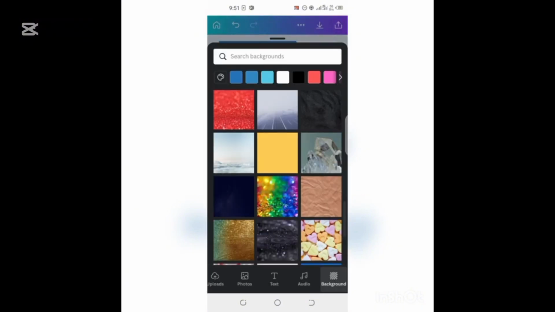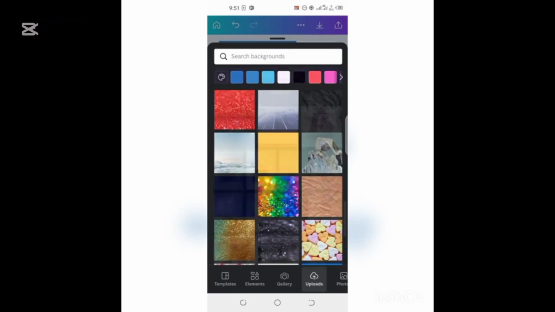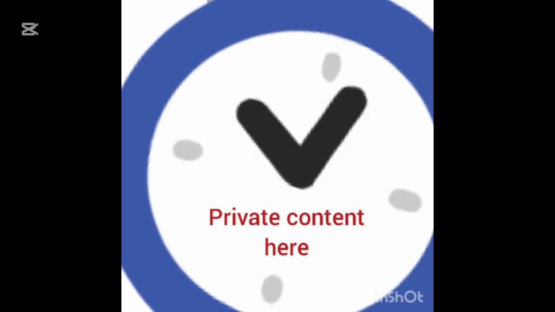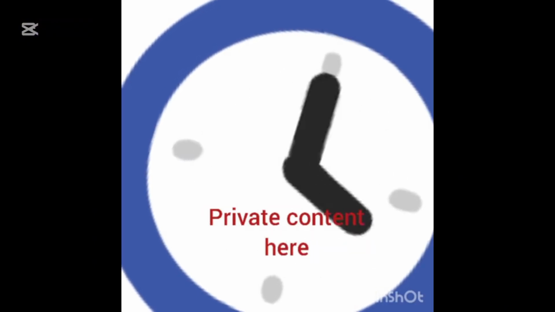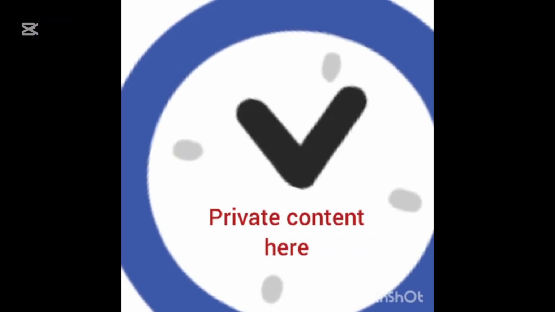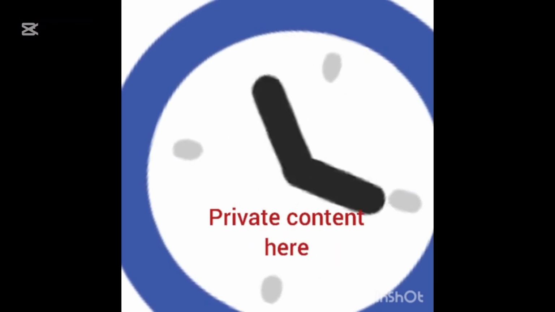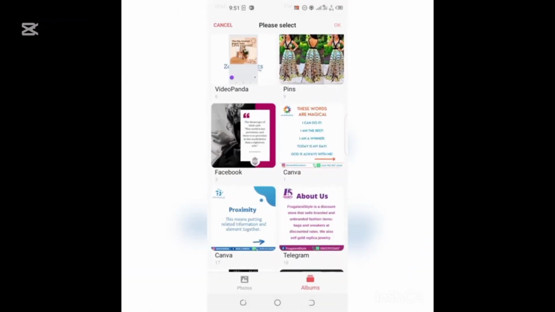Make sure that you import two of your logos. Make sure you import your two logos. So I will go to my upload media. I will now go to my Canva.